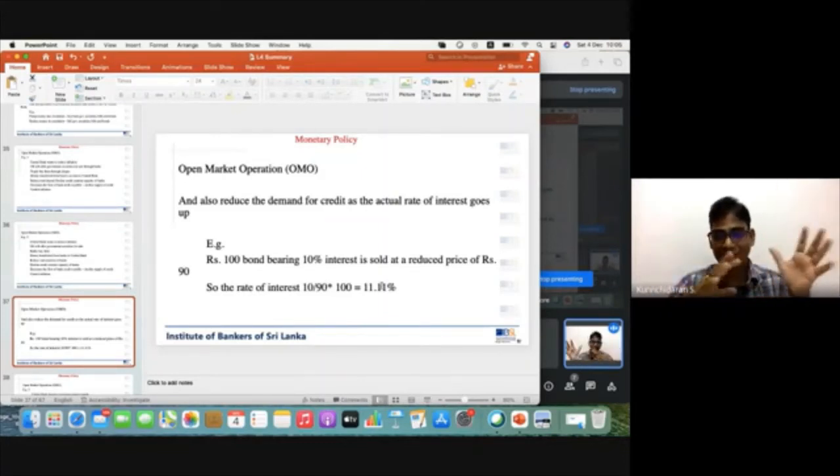Market participants read into it sometimes. So what I want to say is that this rate can trigger changes in the market rates, which in turn affect credit creation.